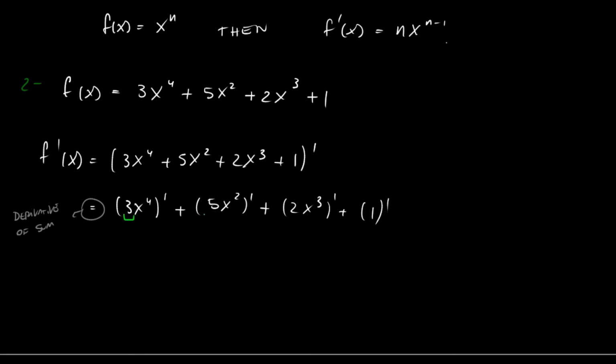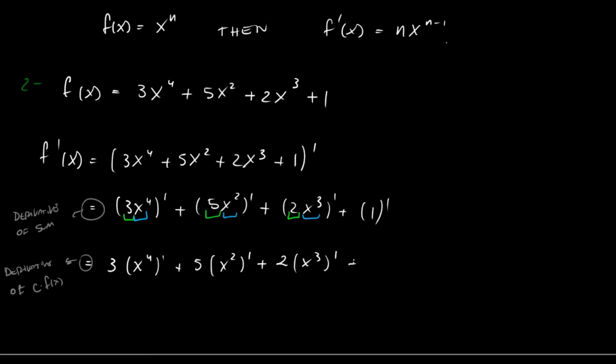Now each of these numbers is a constant multiplied by x to some power. So we can use what we learned about the derivative of a constant times a function, and we know that it's just the constant times the derivative of our function.